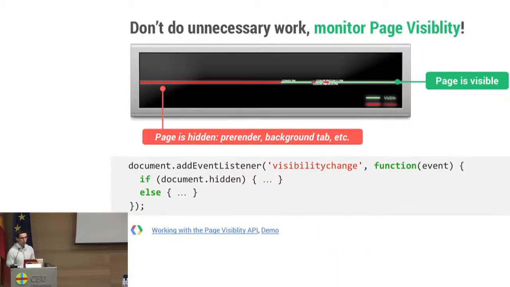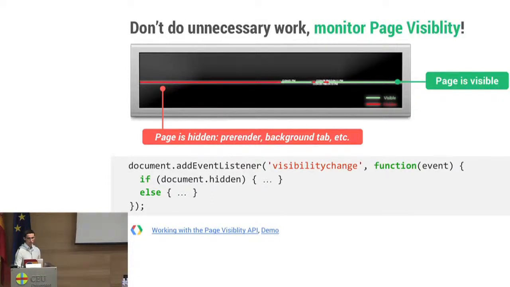So moving on, another API that's been available for a while, but I'm still finding lots of applications that could definitely benefit from it, is page visibility. So page visibility is actually best demonstrated with a demo. This is courtesy of the IE team here. So they have this little demo where you can see that when the tab is hidden, it just shows a red line, and when I switch to it, it's green.